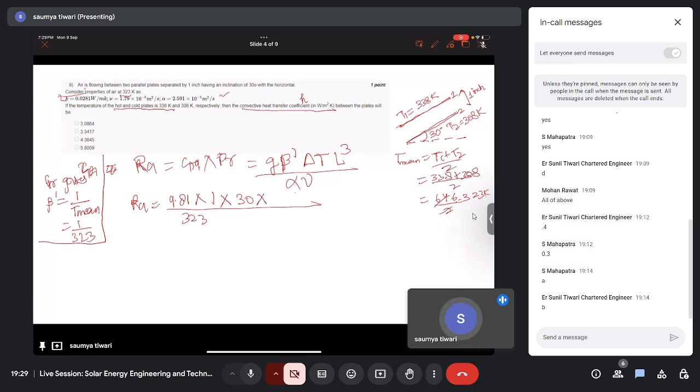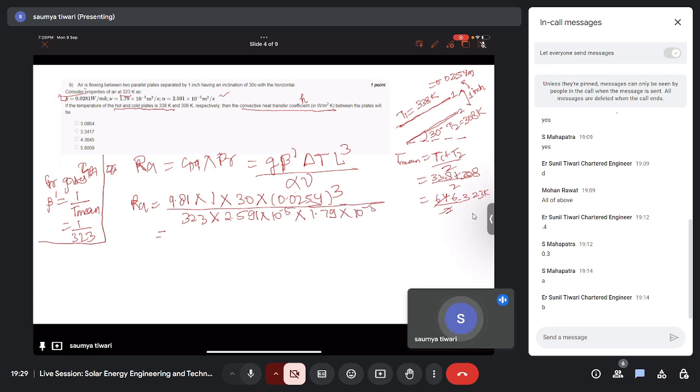L is basically your distance, given as 1 inch, and you know the conversion, 1 inch equals 0.0254 meter, so it will be 0.0254 cubed. Alpha is given in the question, 2.591 into 10 to the power minus 5, and the viscosity value is 1.79 into 10 to the power minus 5.